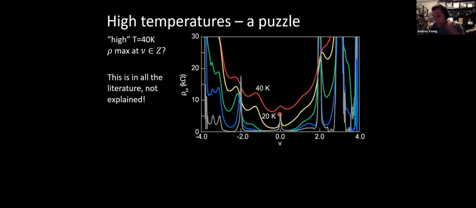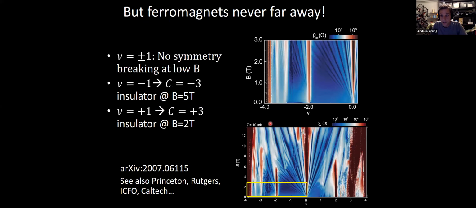Not exactly at nu equals minus 1, but there's a new resistivity feature that appears right around nu equals minus 1, when, as I showed you, at low temperatures there's no sign of anything in the transport at nu equals minus 1.